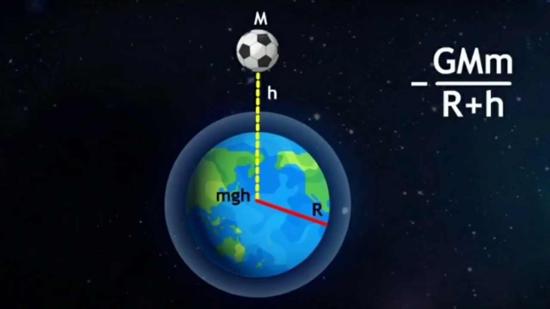So when an object is at a height h from the surface of the earth, its potential energy is, what's the formula? Minus capital G capital M small m upon capital R plus small h. Here capital M is the mass and capital R is the radius of the earth. Understood, children?